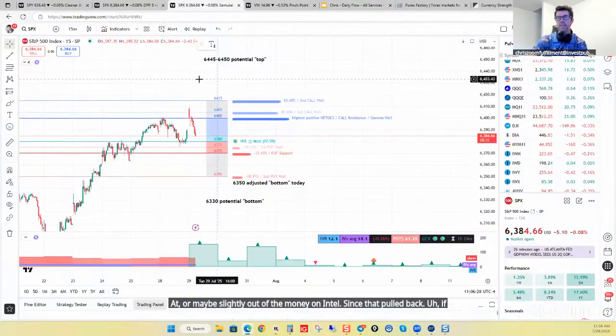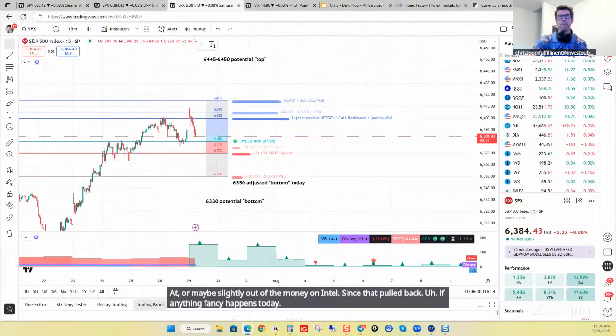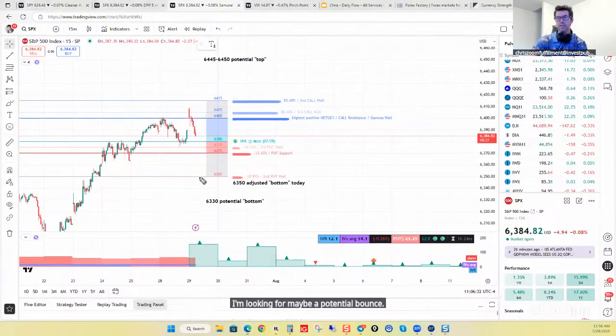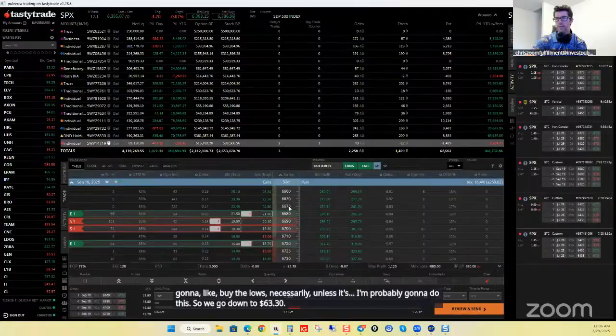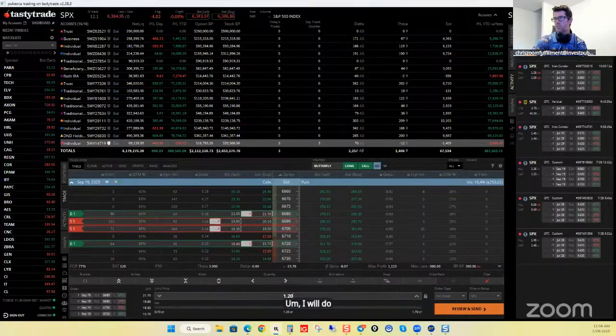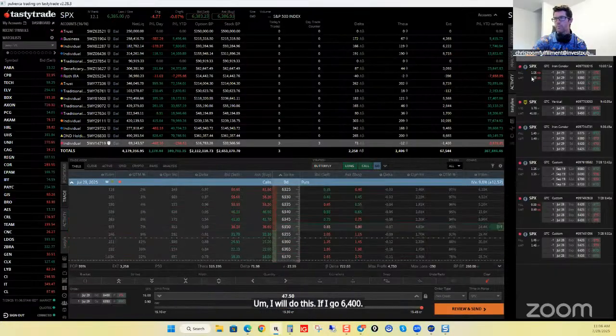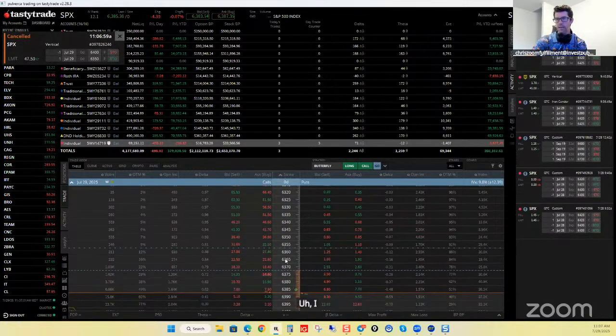If anything fancy happens today, I'm looking for maybe a potential bounce. I'm not going to get too picky. I'm not going to buy the lows necessarily unless, if we go down to 63.30, I will do this. I might get a little fancy here.